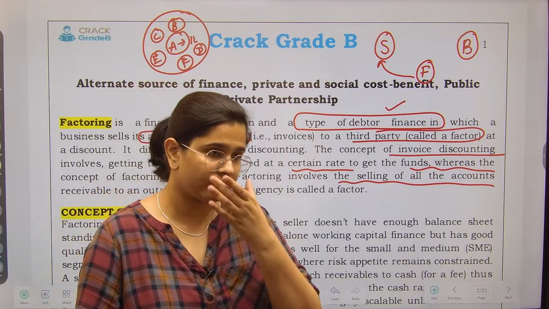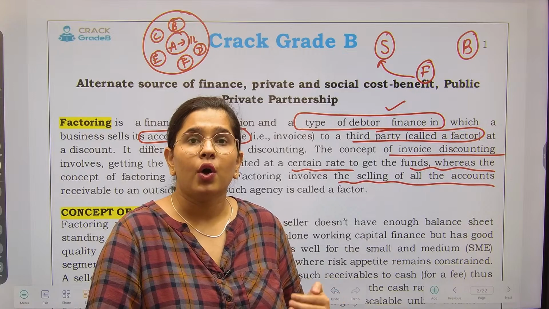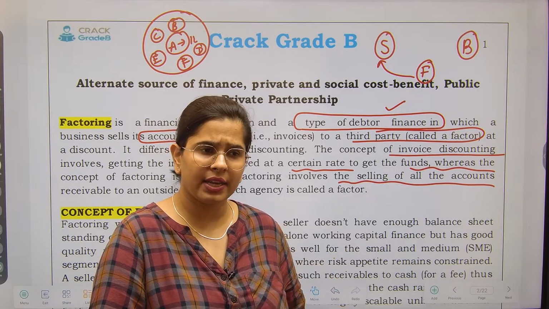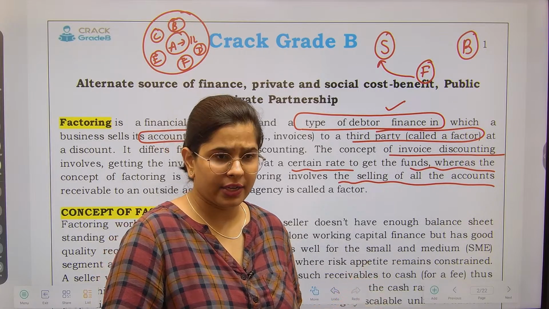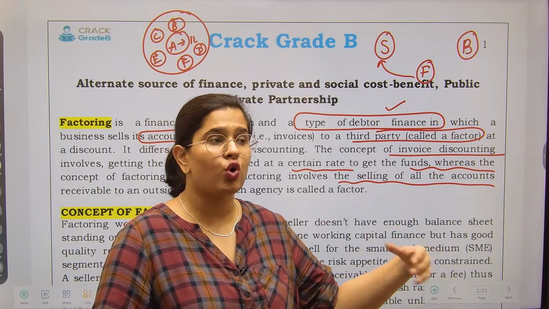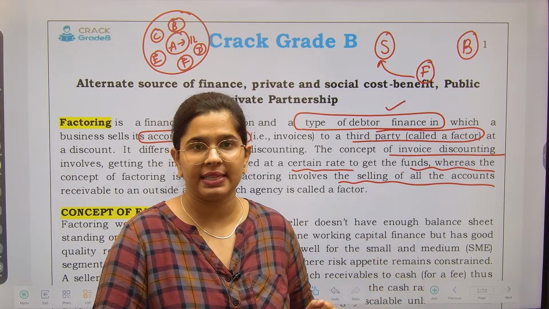See, in case the seller collects from debtors on its own, then there are various expenses. There are collection expenses, right? You might have to keep one person to call the debtors. Okay, so there are administrative expenses as well.